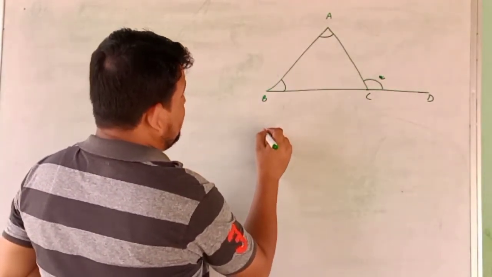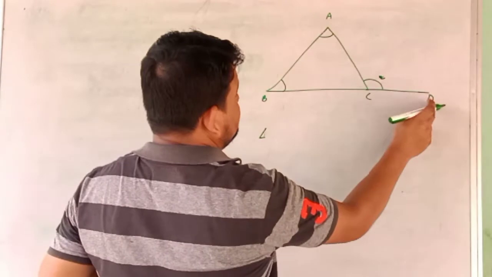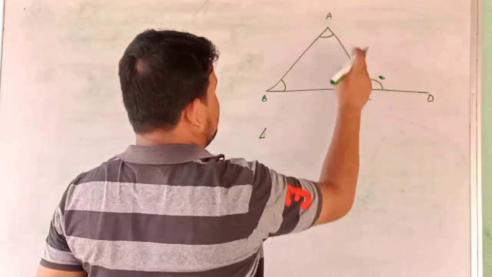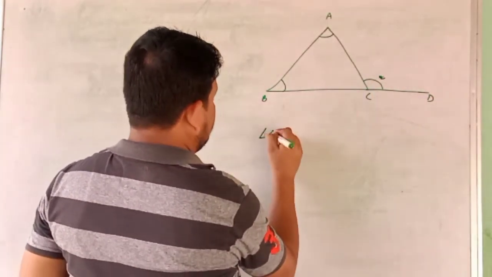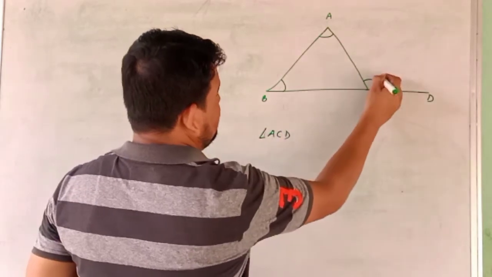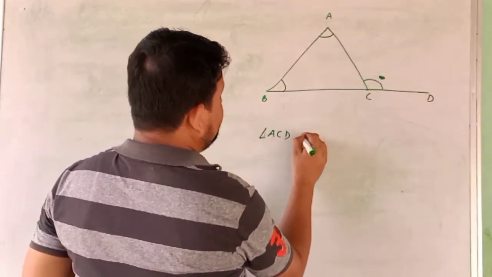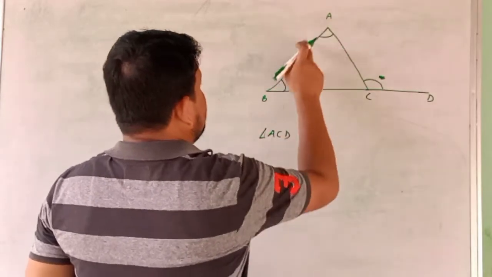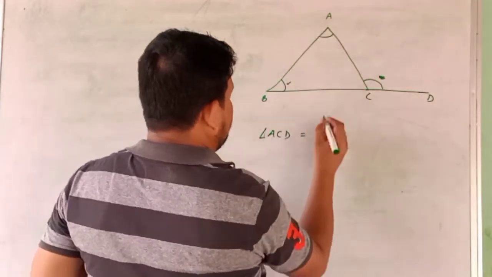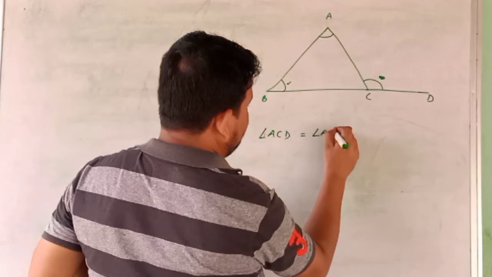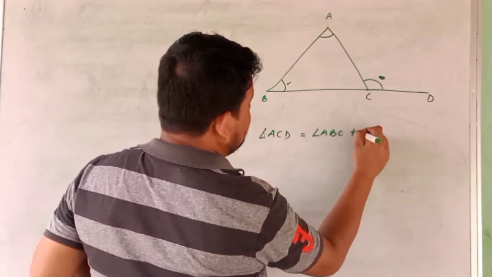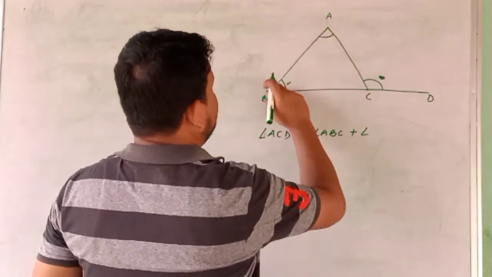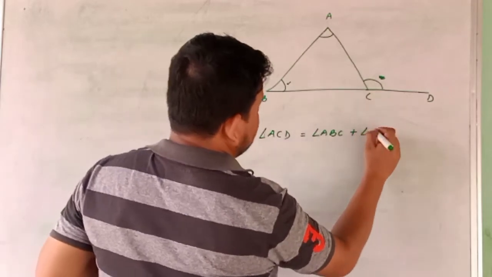Angle ACD, you can write DCA or ACD, this will become equal to angle ABC plus angle BAC.